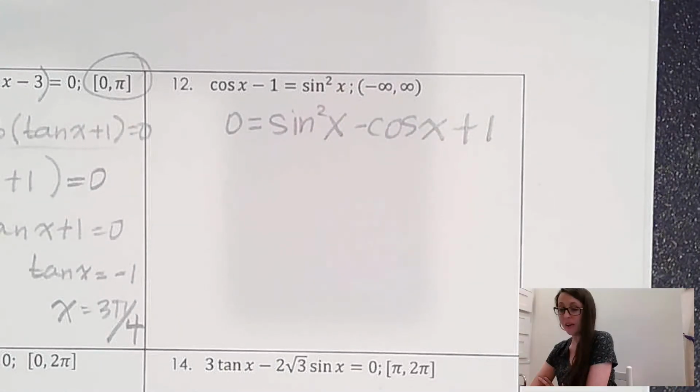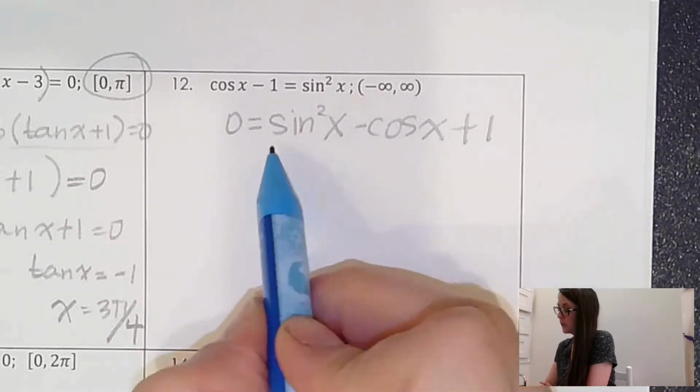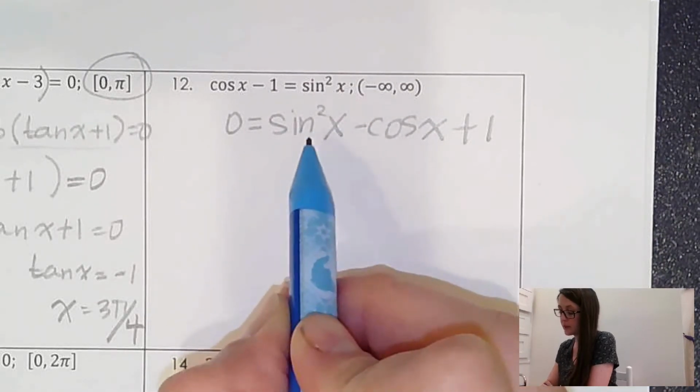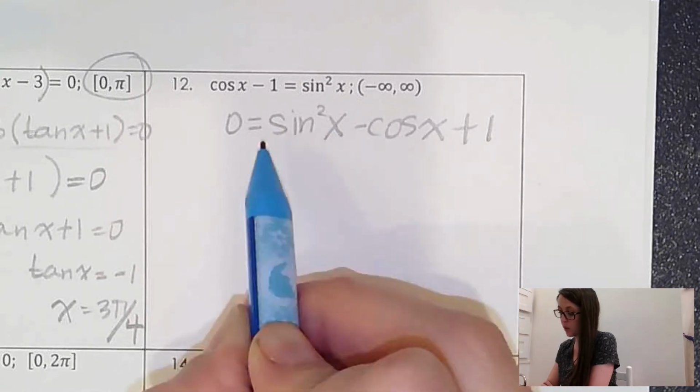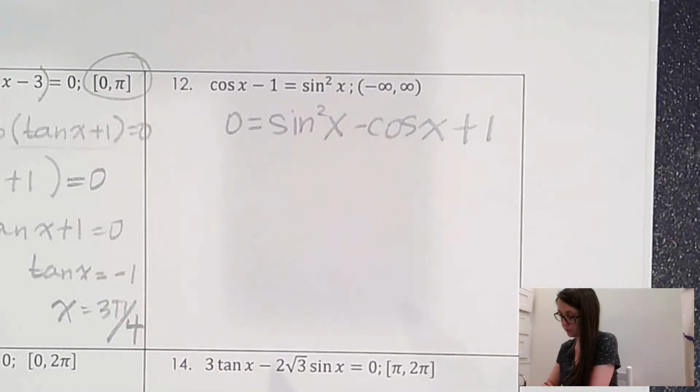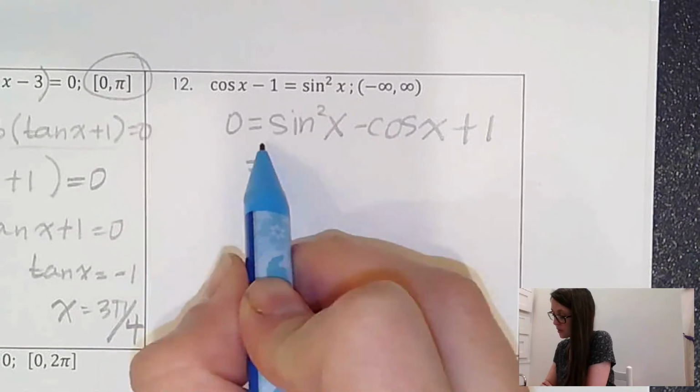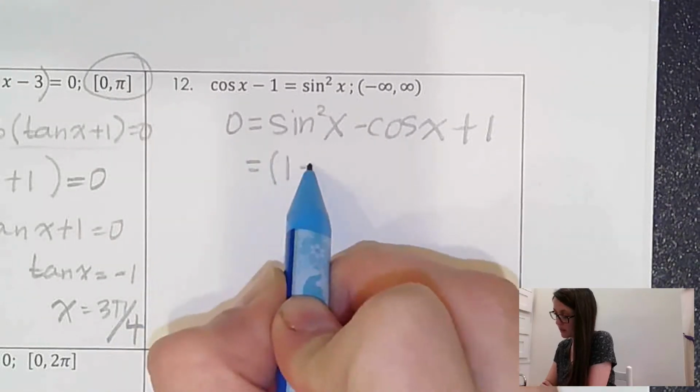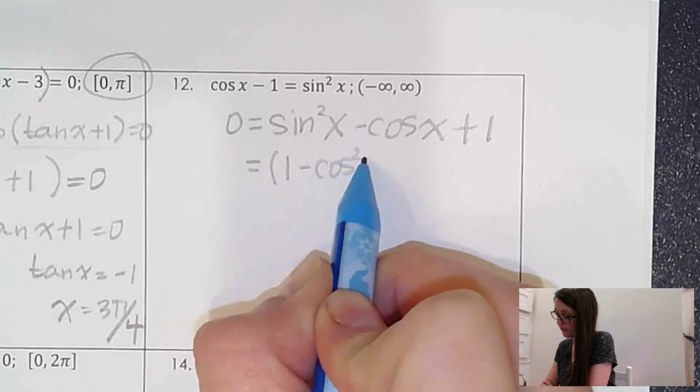And right there, nothing is the same. I can't factor anything, I can't take anything out, but I do know that sine squared is going to be the same thing as 1 minus cosine squared. So sine squared is the same thing as saying 1 minus cosine squared.